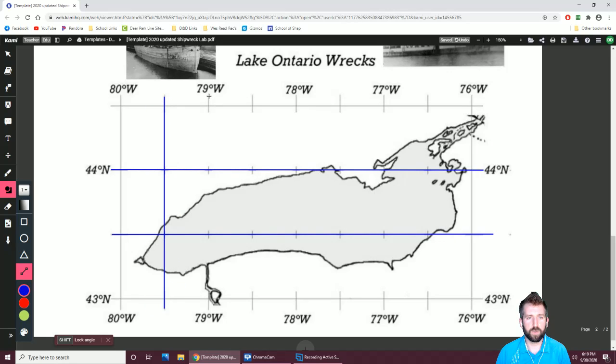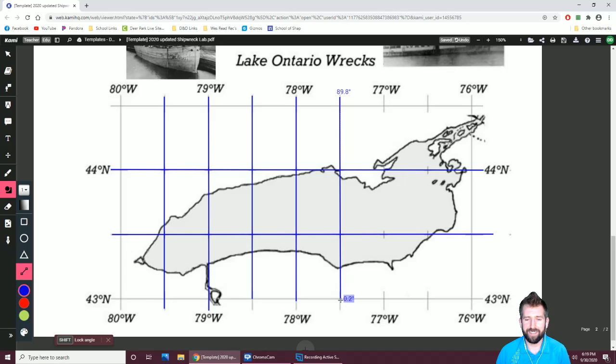We're lucky to have tools like this so that we can make things easier. Usually in class we would do this with a ruler and it would take a little bit longer. So go ahead and make yourself a grid. Almost done.